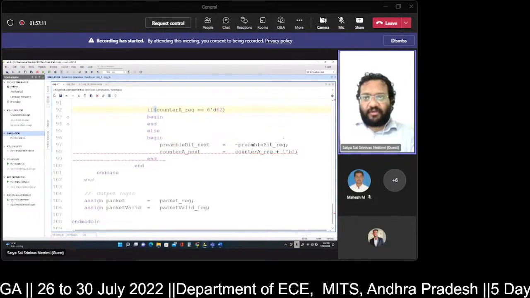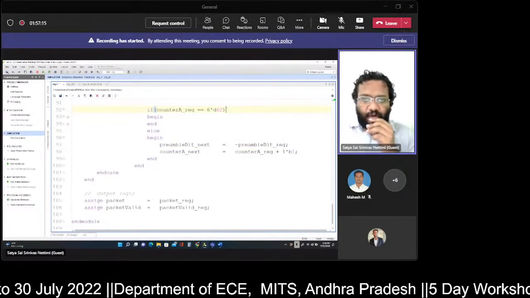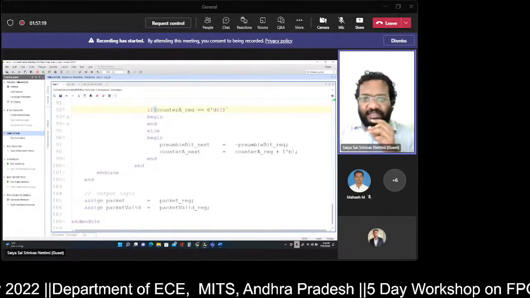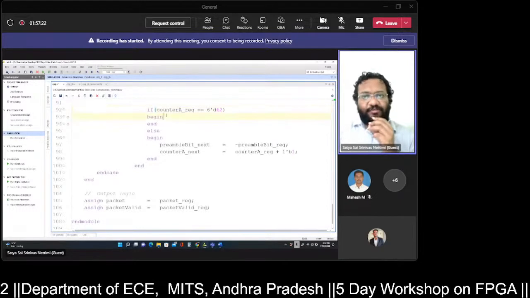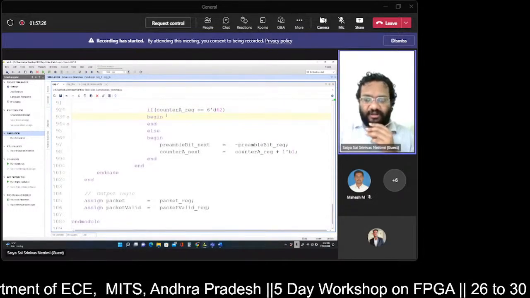So if the counter has counted the sequence from 0 to 62, that means 63 sequences, that means 63 sequences of alternate ones and zeros have already been generated.